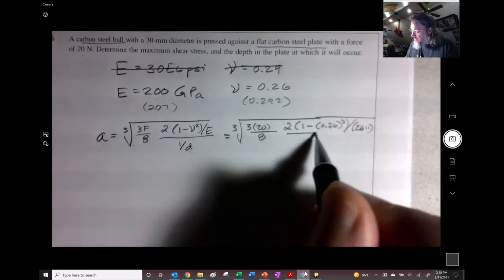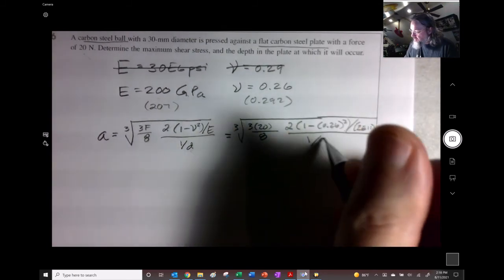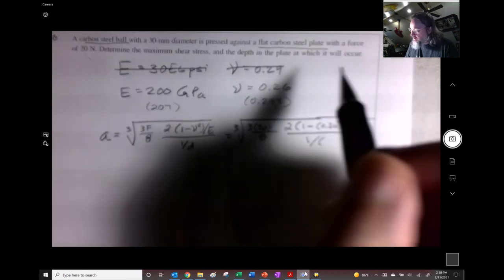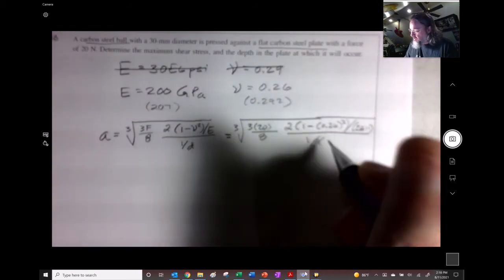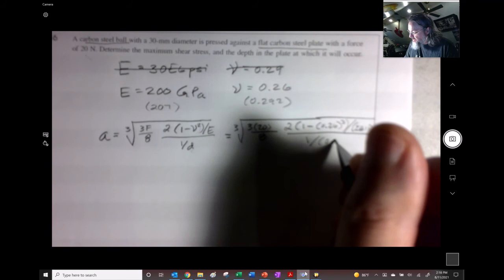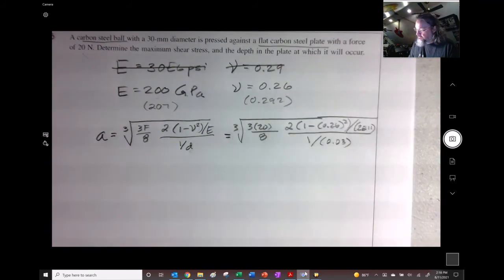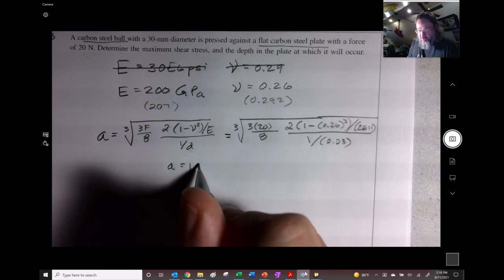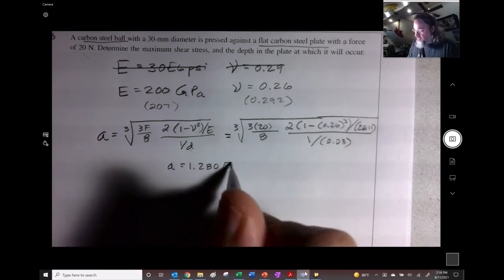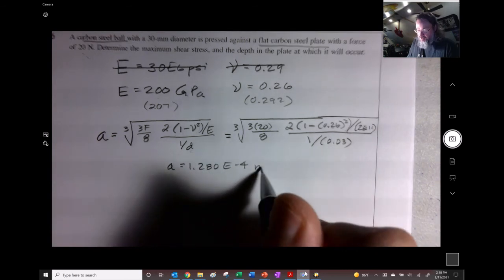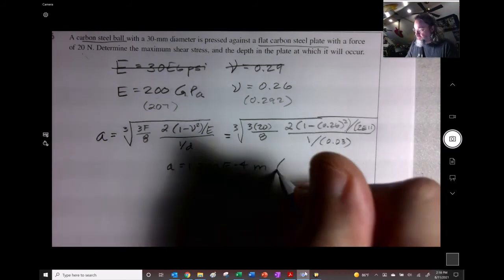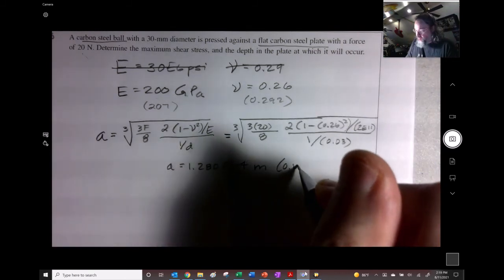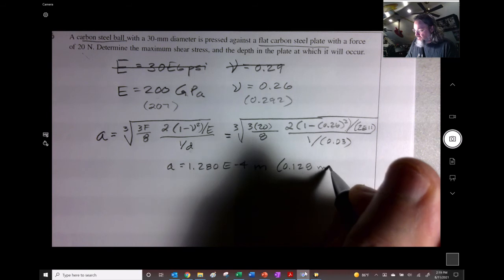And then divide by 1 over the diameter, which is 30 millimeters, so 0.03. We get an itty-bitty small number, 1.280e-4 meters, or, just to put it in perspective, 0.128 millimeters.